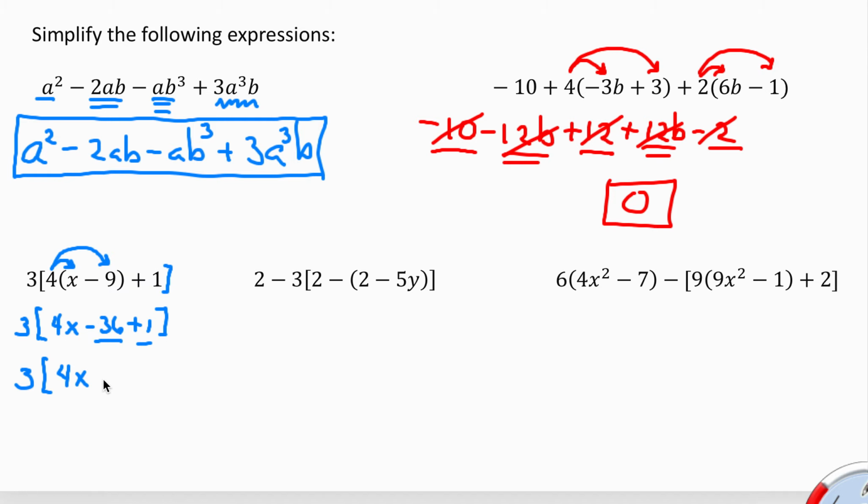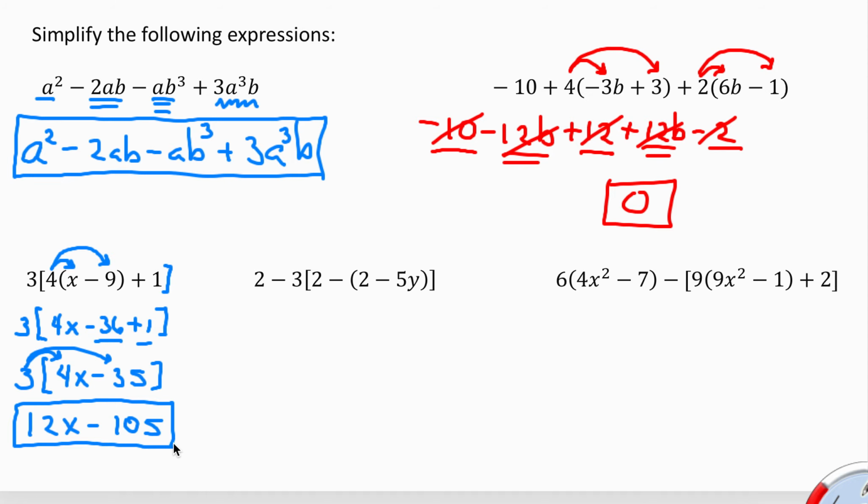Minus 36 plus 1, minus 35. When there's nothing left to do inside the parentheses, I can distribute to get rid of them. So 12x minus 105. None of the other terms are alike, so I'm done.